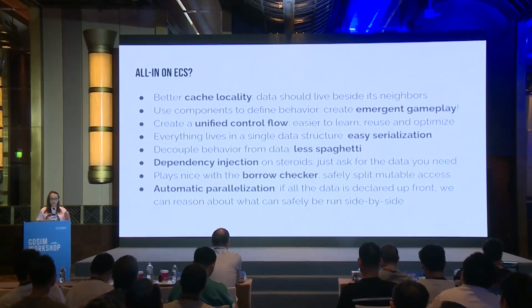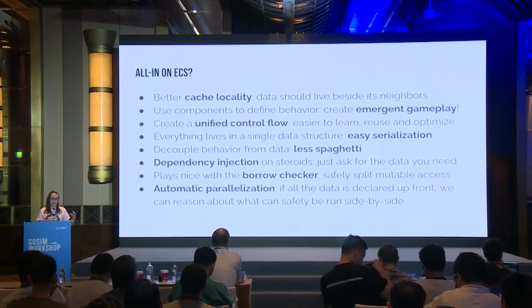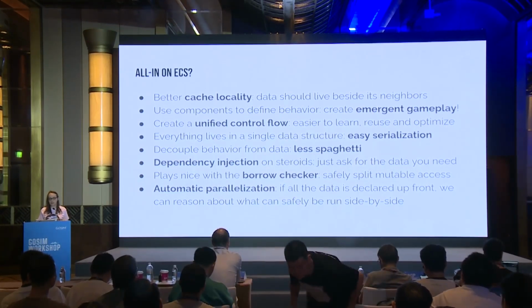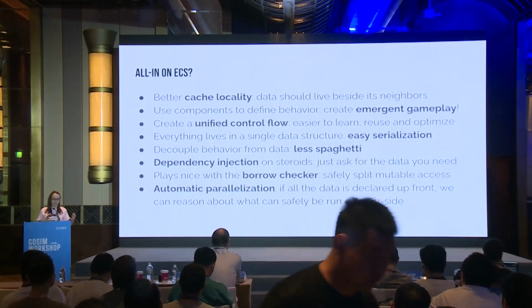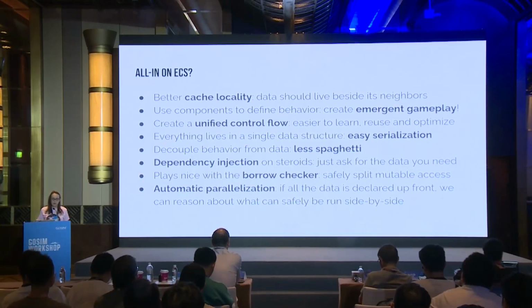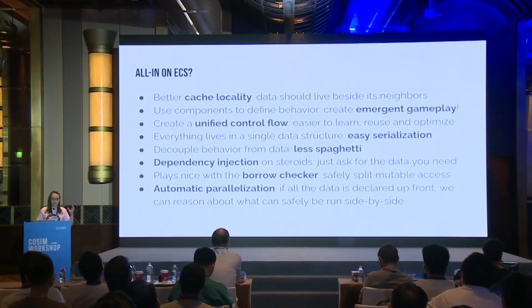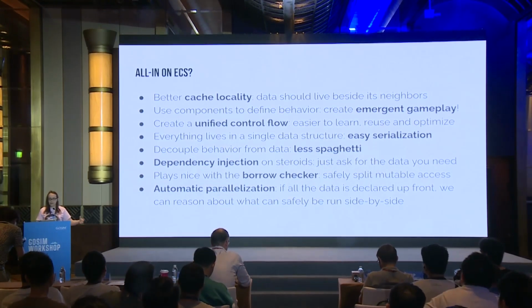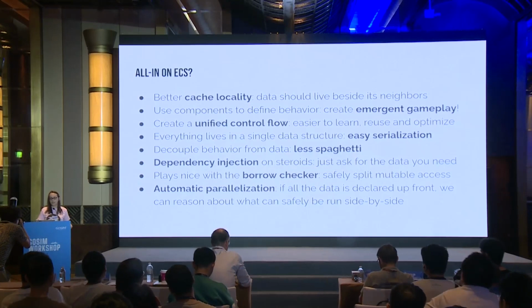If you have everything defined as components, and the components define what behavior applies to each entity, it becomes really easy to write gameplay systems for your game designers that create emergent behavior, like you might see in Dwarf Fortress. Or if everything is ECS, you have a unified control flow where everything follows the same paradigm. It's easy to learn, it's easy to reuse, and it's easy to optimize, because rather than optimizing each subsystem of the game, you just work with upstream and make all of the ECS stuff go faster.